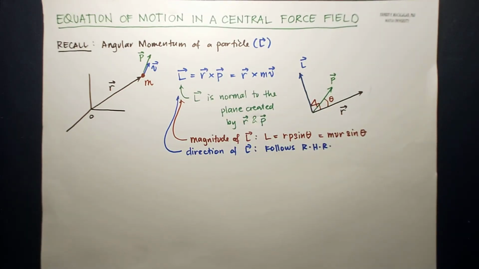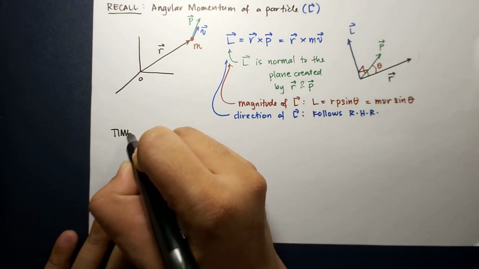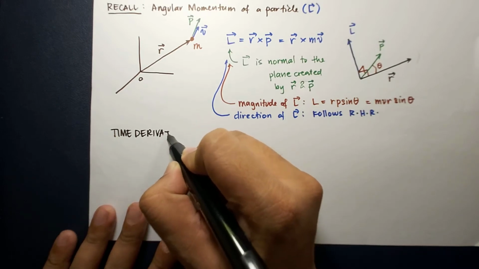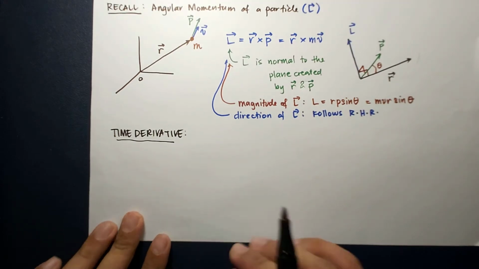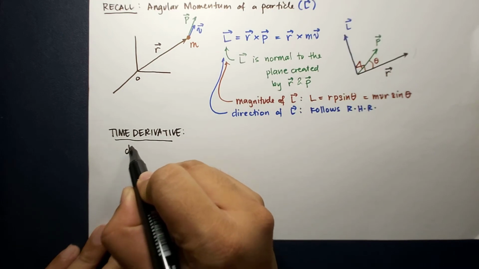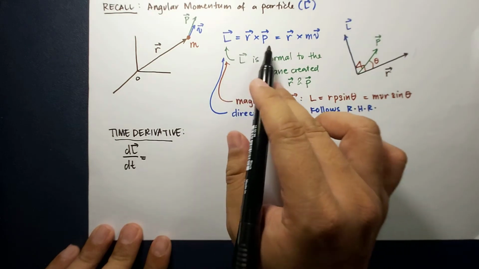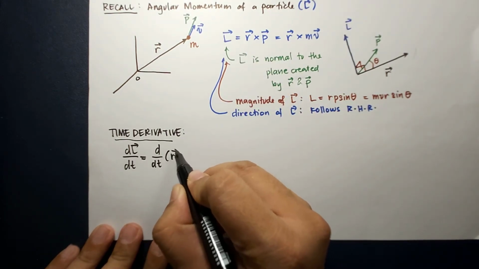Easy. Now, let's get the time derivative of your angular momentum. Taking the time derivative of your angular momentum and applying the definition here, this is the derivative with respect to time of r cross p.